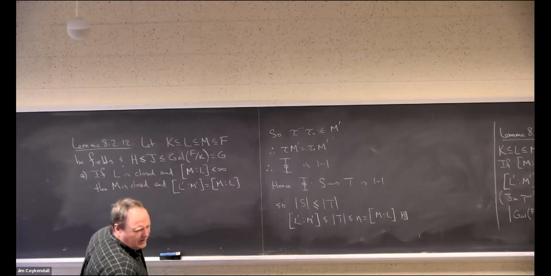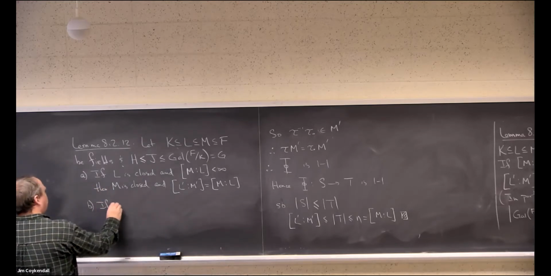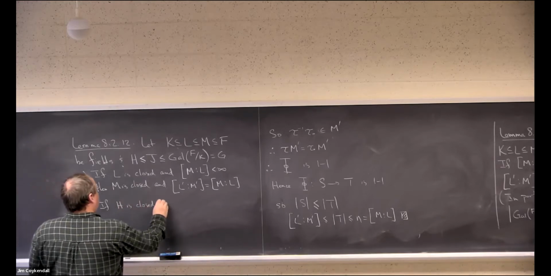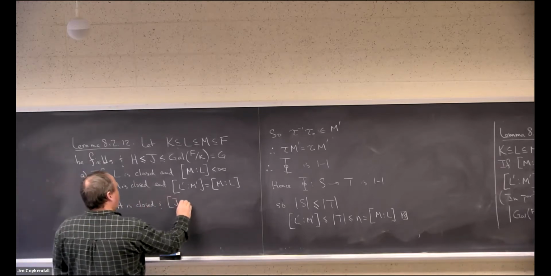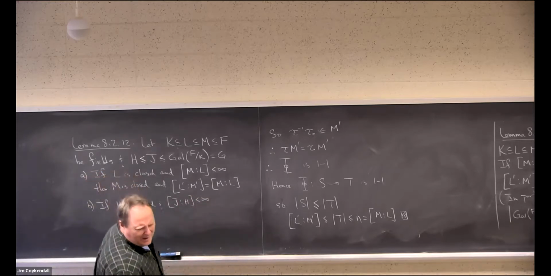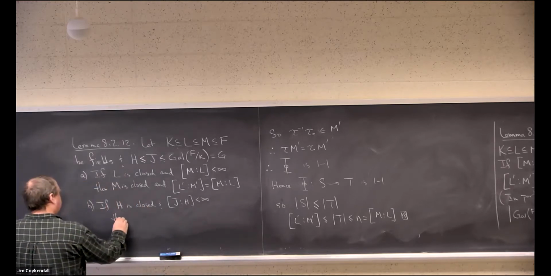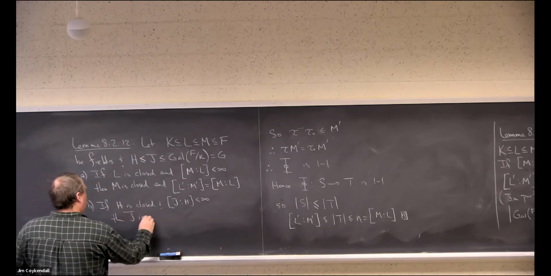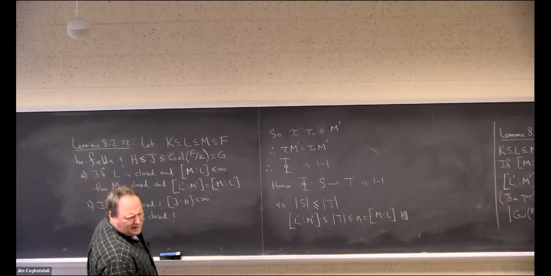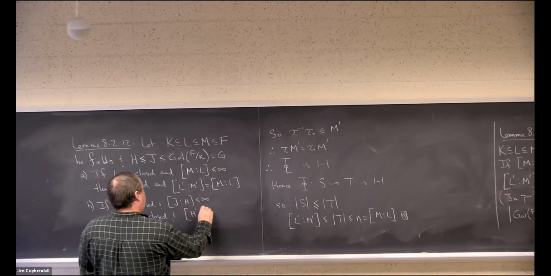And also, if H is closed, we can start from the other point of view. If the index of H in J is finite, then J is closed. And H prime, J prime.